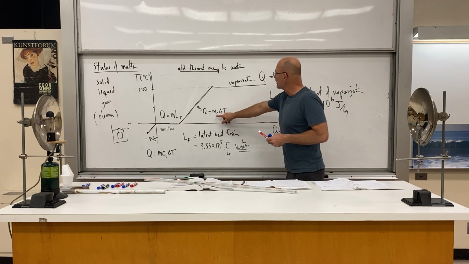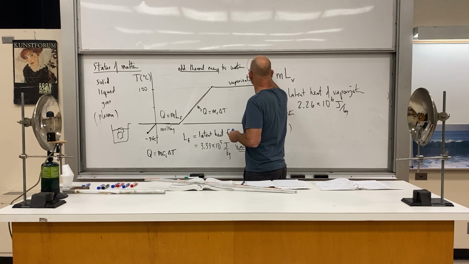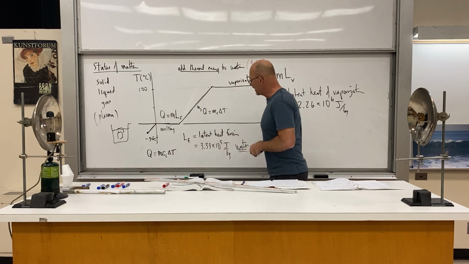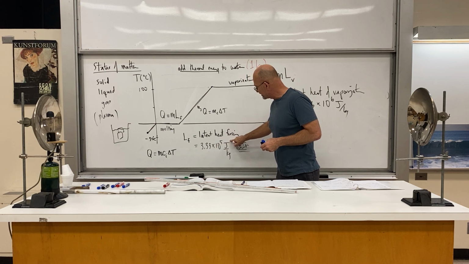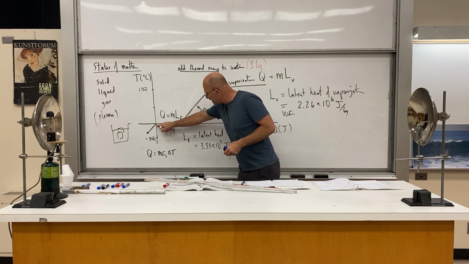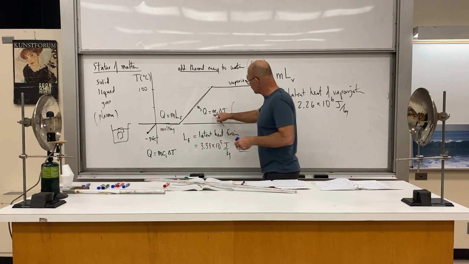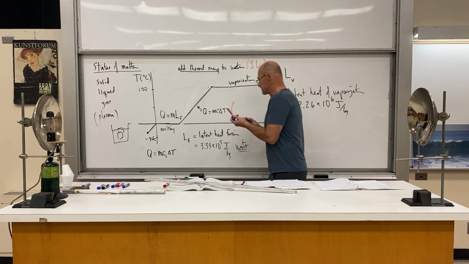Suppose we have a kilogram of water. Then this was 3.33 times 10 to the 5 joules just to melt it, no change in temperature. And then this here was 1 kilogram, supposed to be a C right here, isn't there? Like that.